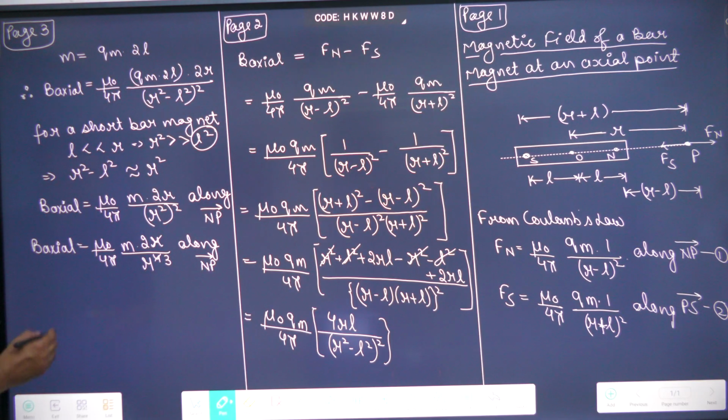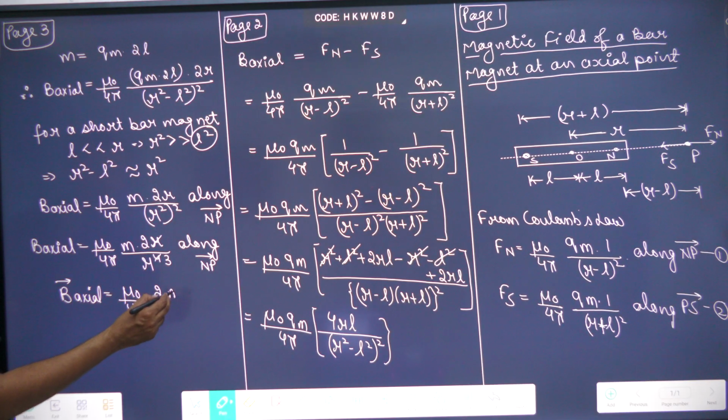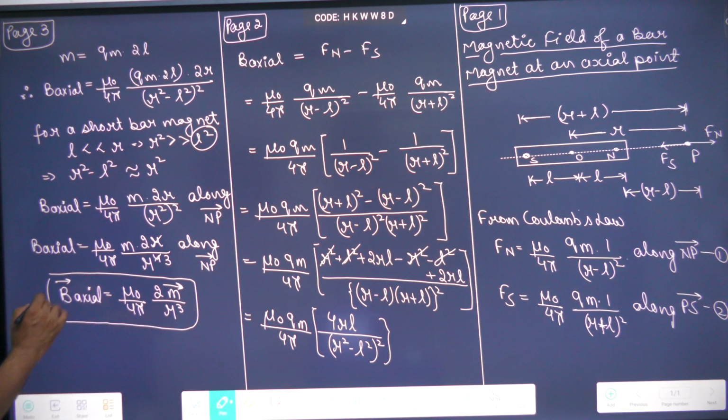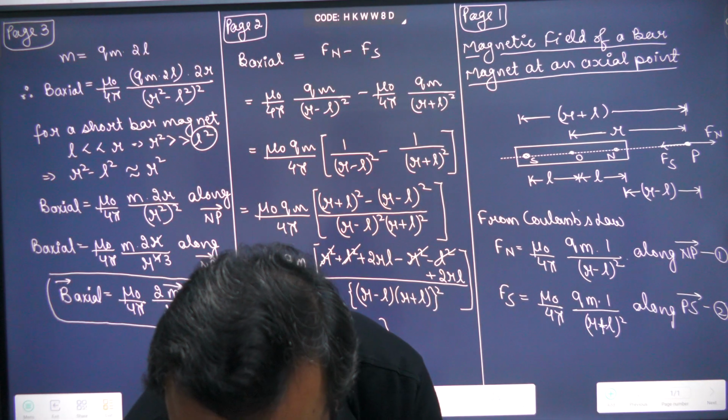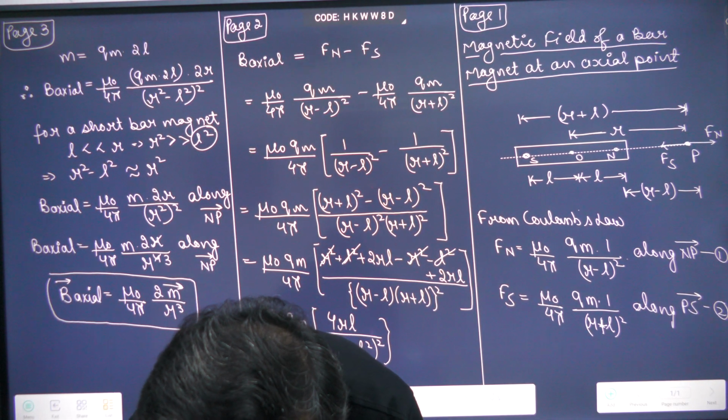B axial is equal to mu naught upon 4 pi into 2m vector upon r cube. This is the magnetic field at an axial point of a magnetic dipole.